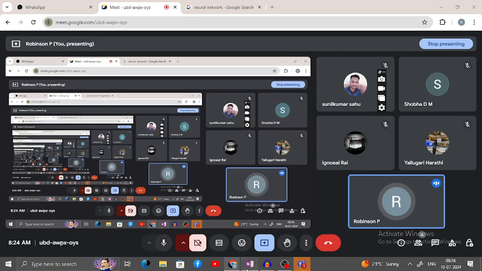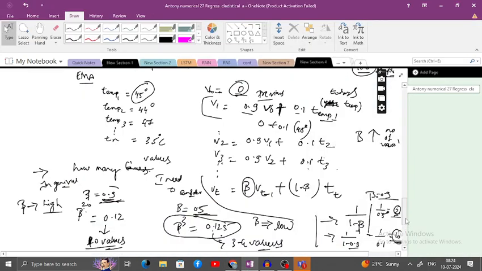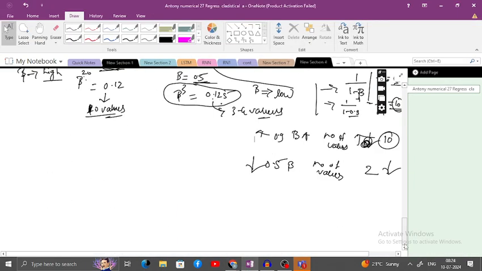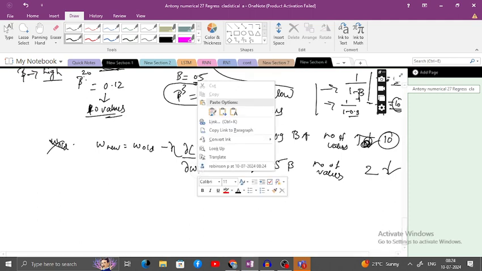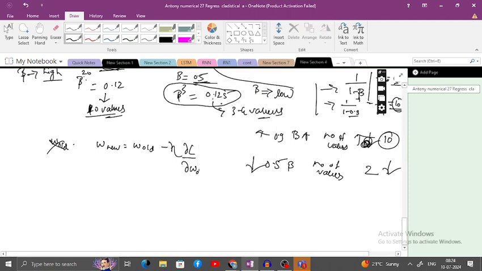Okay. So now, look at this. You have this equation, right? What is this? W new is equal to W old minus eta into the derivative of loss by W old. This is the general equation.